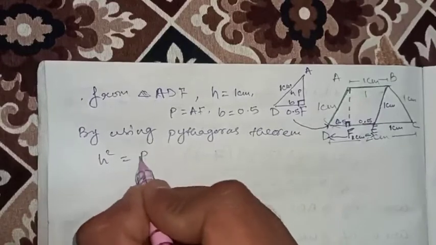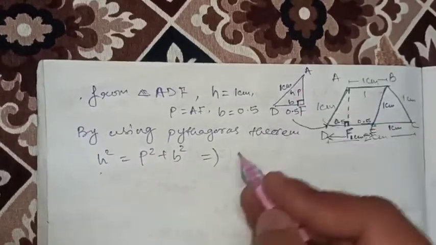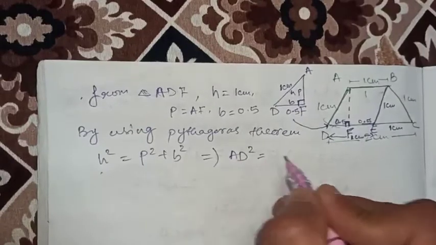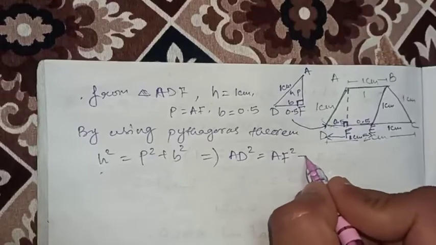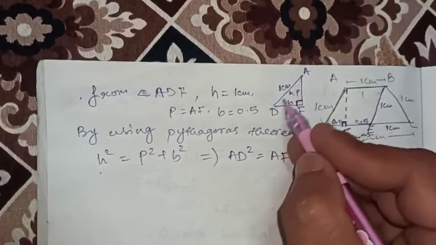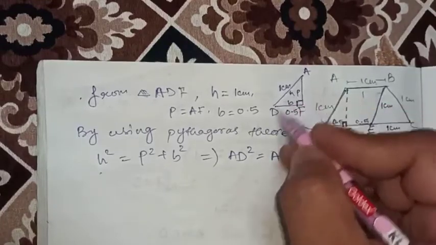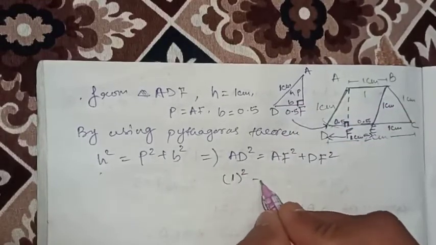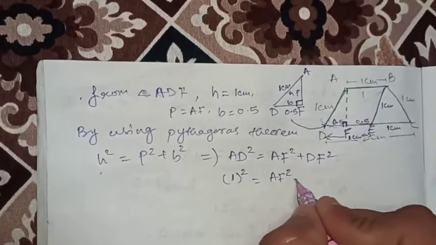H square equals to P square plus B square implies, what is H? H is AD. AD square equals to AF square plus DF square. AD how much? AD is 1 centimeter square. AF is we don't know, we are finding out AF.